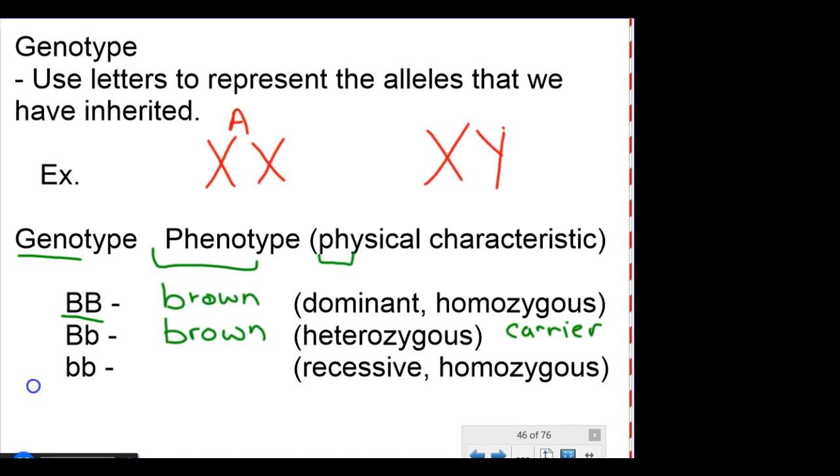So, a woman can be a carrier for the color blindness gene, because if little a is the blindness, she has a dominant normal vision allele that will overrule the recessive. A guy only has one X, which means if he gets the blindness gene, he's got it.